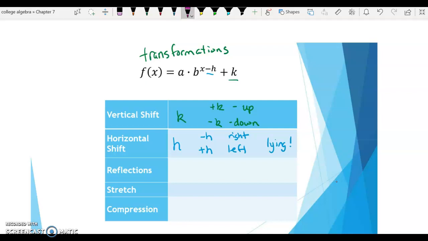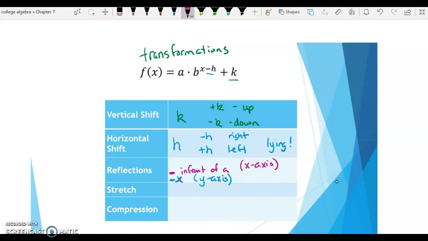Reflection, if there's a negative in front of a, that's the x-axis. If there's a negative x, that is the y-axis. So you're looking at the negative in the exponent for the y-axis.